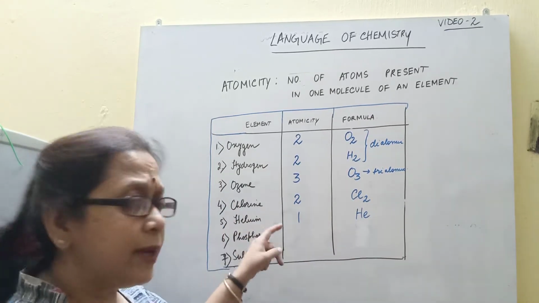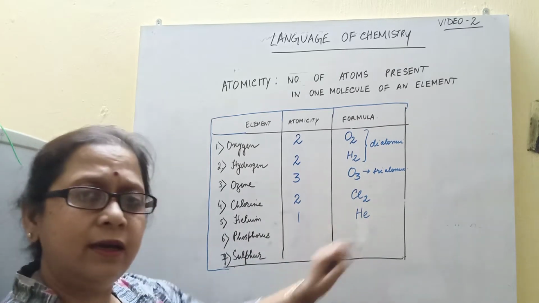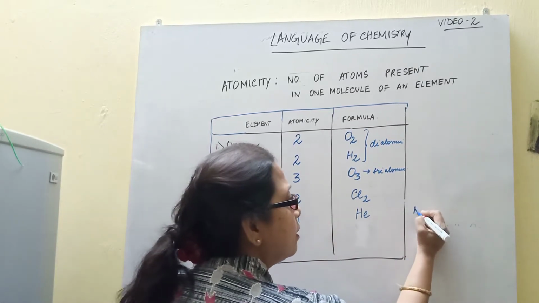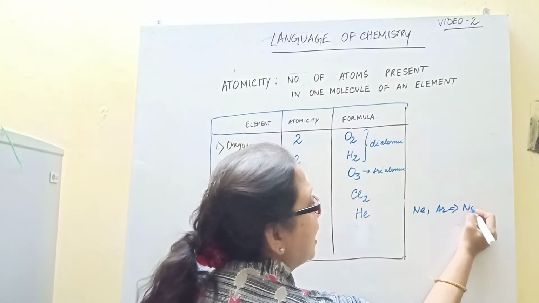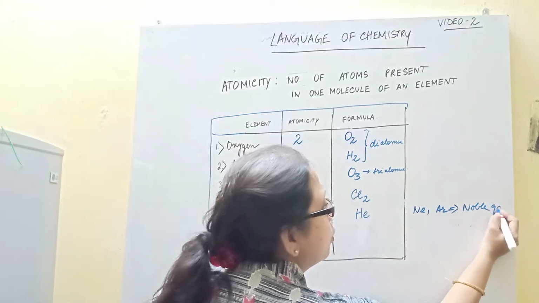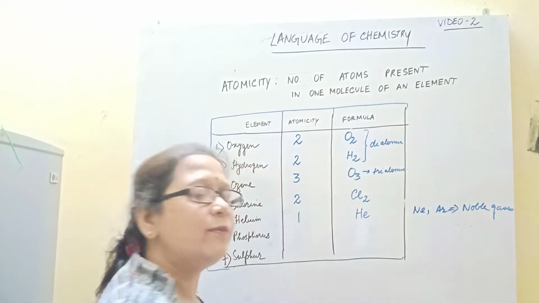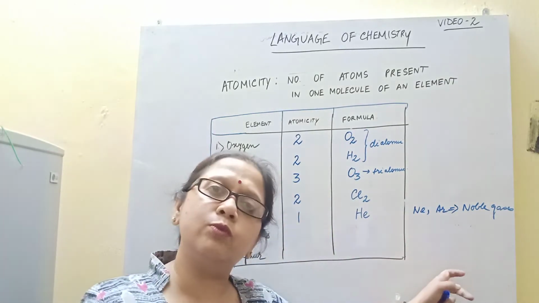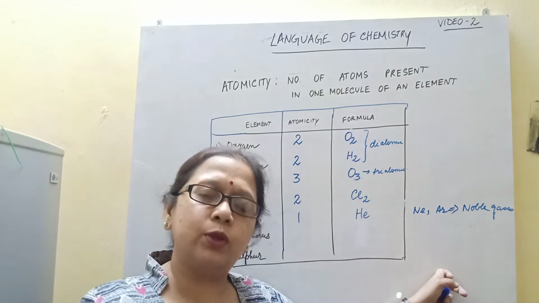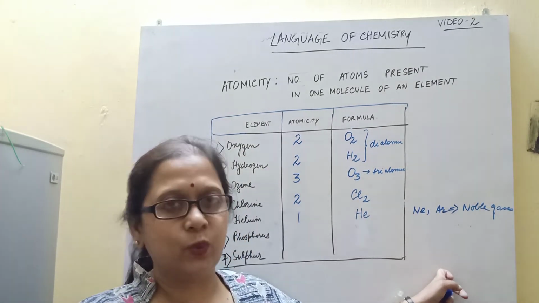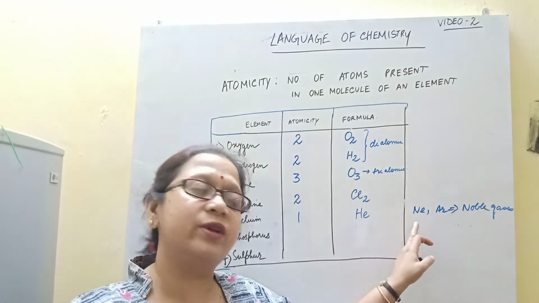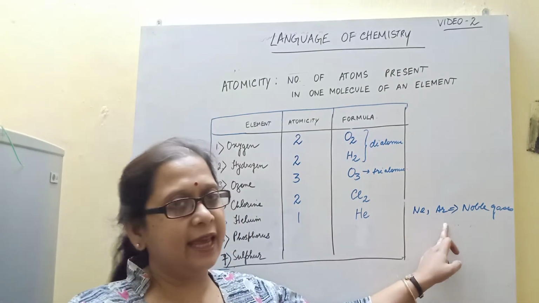Similarly, neon and argon are also noble gases. Noble gases and inert gases mean the same. That is, the outermost shell is complete. So they are independent as single atoms. So their atomicity is 1. So their molecules are written as Ne and Ar.